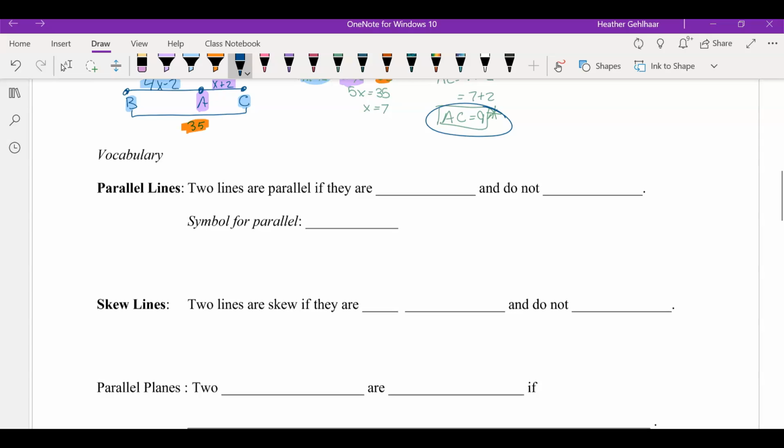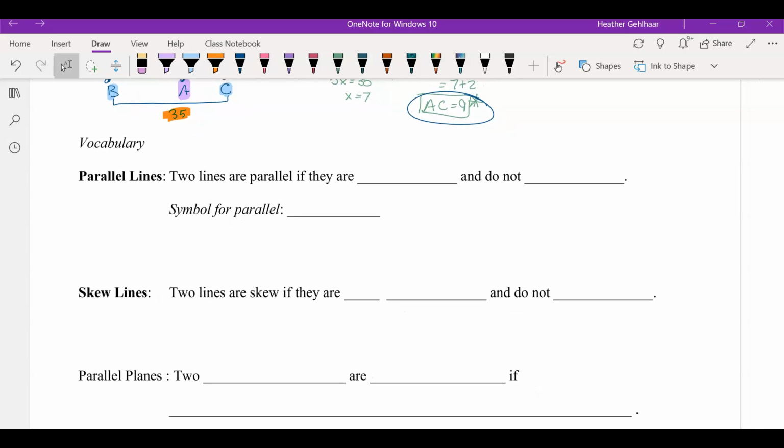All right, now we're going to get into what chapter 4 is all about, parallel lines. So two lines are parallel if they are on the same plane, and do not intersect, right?